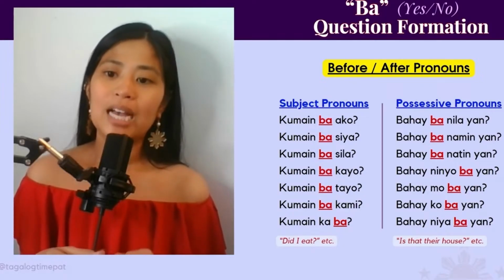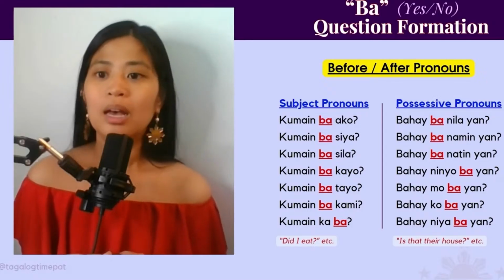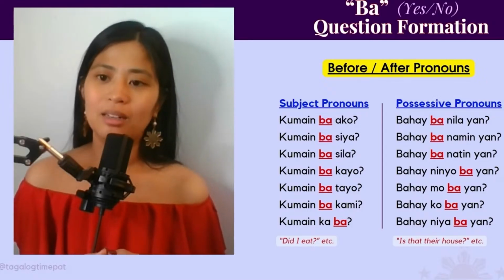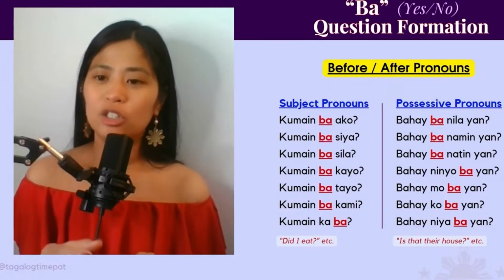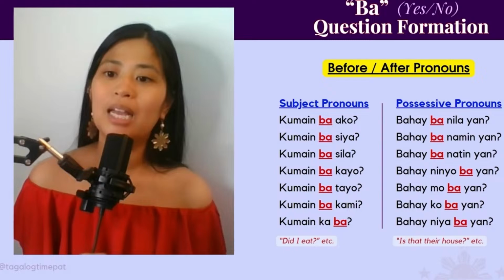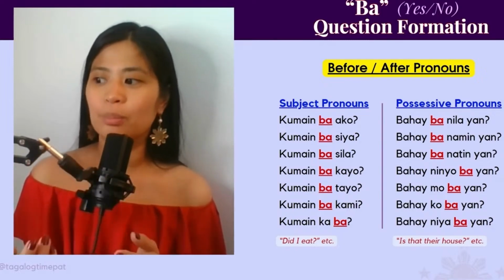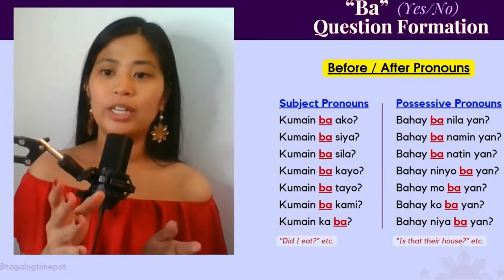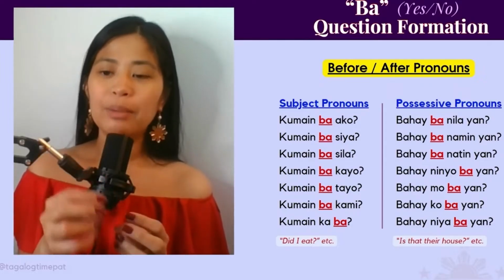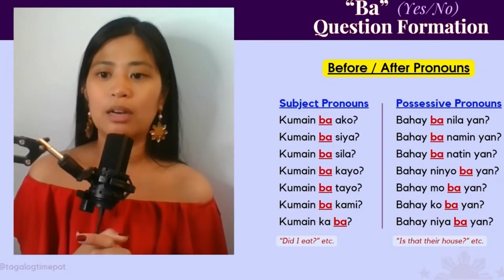Now take a look at the last four examples. Ba is going after the pronoun. Bahay ninyo ba yan? Ninyo can be interchangeable. I've actually heard it bahay ba ninyo yan and bahay ninyo ba yan. So I've heard ba go before and after the pronoun for ninyo. Next, bahay mo ba yan? Ba is going after the pronoun.